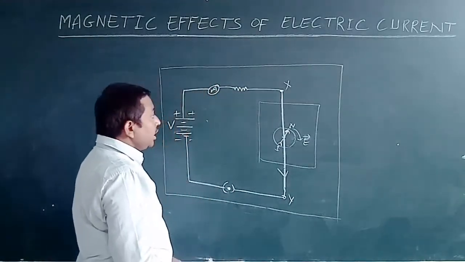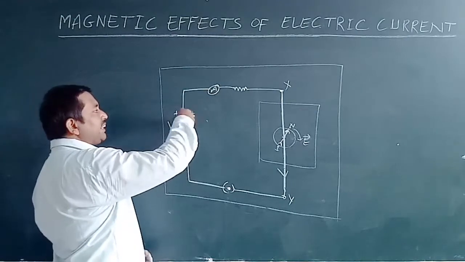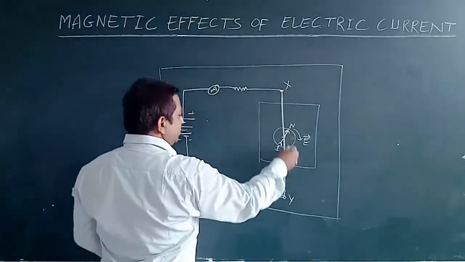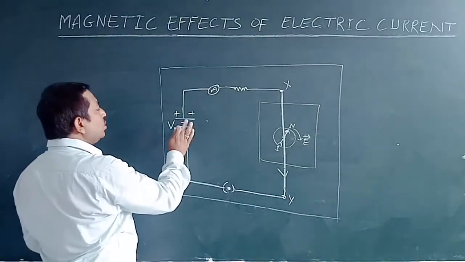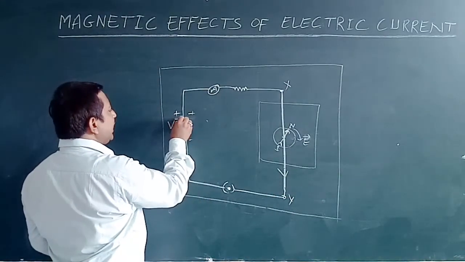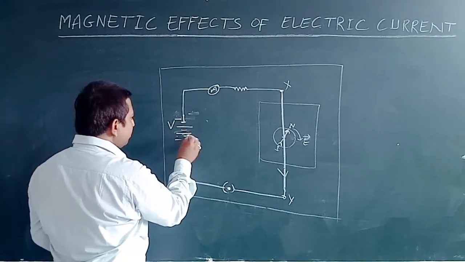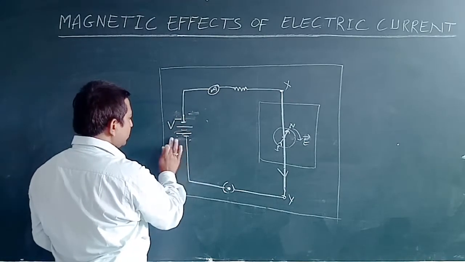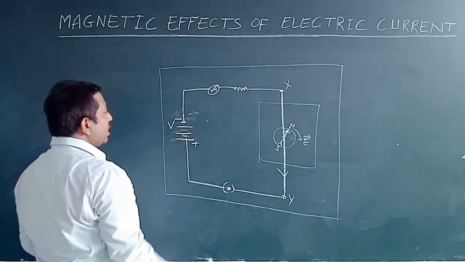Now simply if we reverse the polarity of the battery connected to the current carrying conductor, suppose this becomes negative and this becomes positive, what will happen?